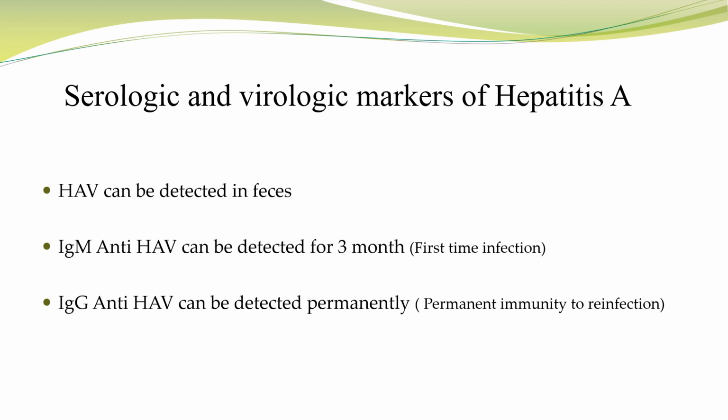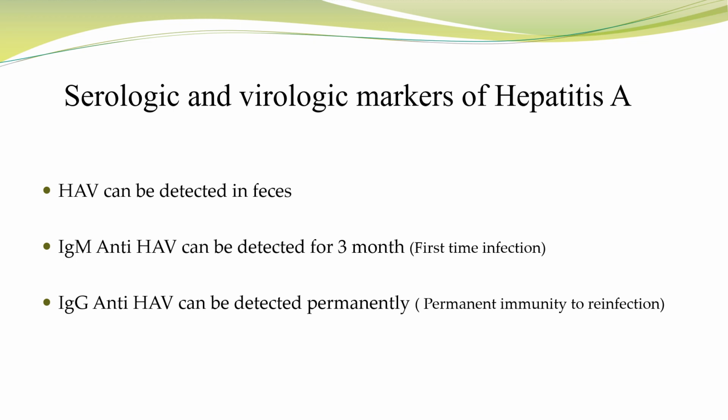Serologic and virologic markers of hepatitis A. Hepatitis A virus can be detected in feces after 1 week of getting infection, but this is not a routine test for diagnosis of hepatitis A. Actually, a better test is IgM anti-HAV, which can be detected for 3 months after a first-time infection.